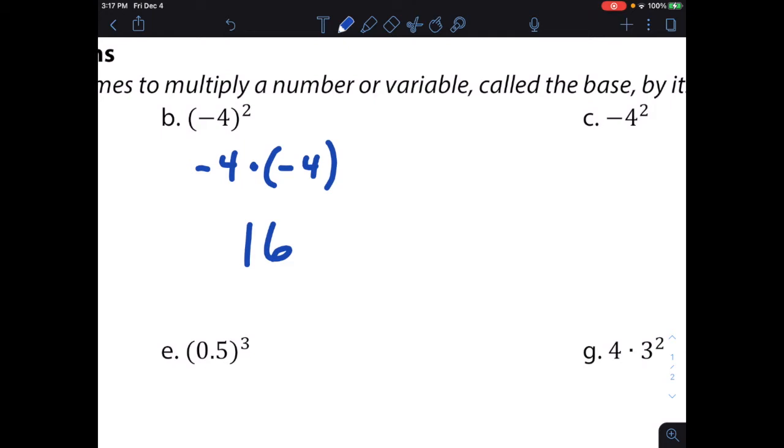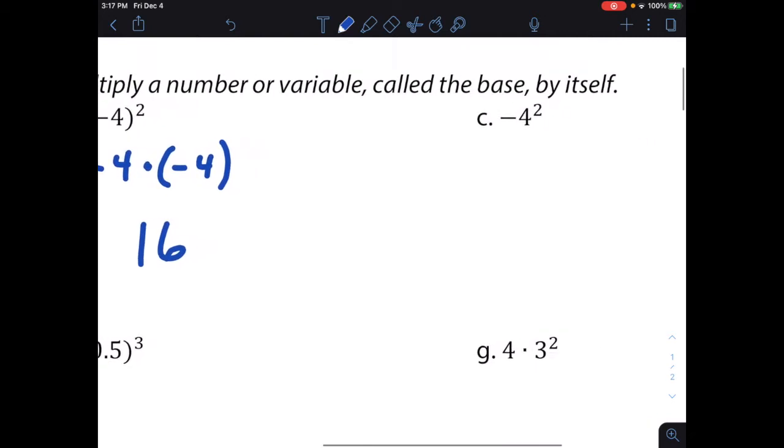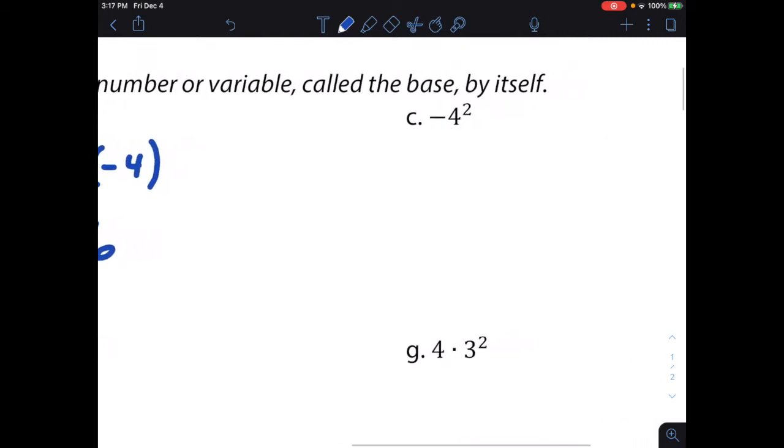Now, if you look right away at example C here, we don't have parentheses. And the way I want you to think about this is if we have -4 to the second power, I want you to think of it like -1 times 4 to the second power. And the exponent is only on the 4, it's not on the -1. So what we have is -1 times 4 times 4.